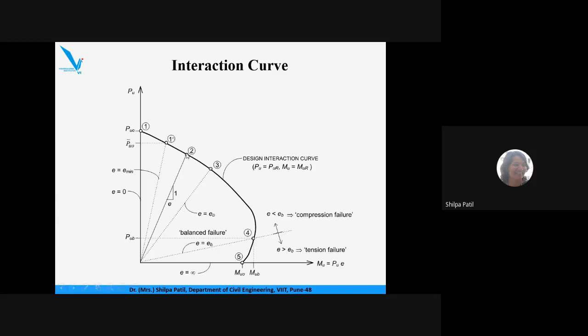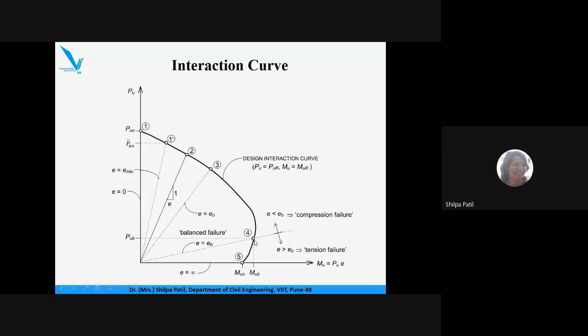And point number 2 represents the second case where our xu is outside the section. And the next point, point number 4, represents the last case, that is, our xu is within the column.